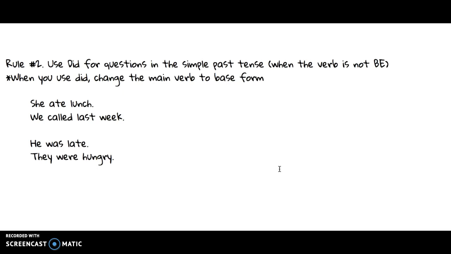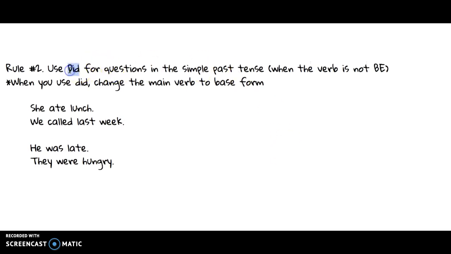Our last rule for do, does, and did. Now we're looking at did. Use did for questions in the simple past tense when the verb is not be. So did is the past tense question form. She ate lunch is our example, and we are going to make the question, did she eat lunch?